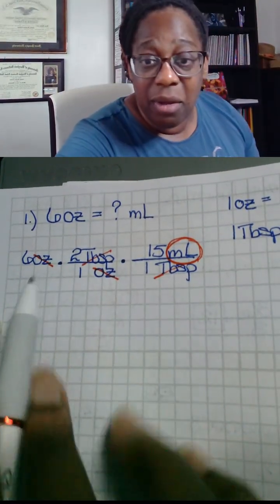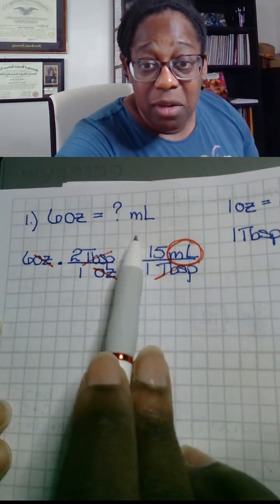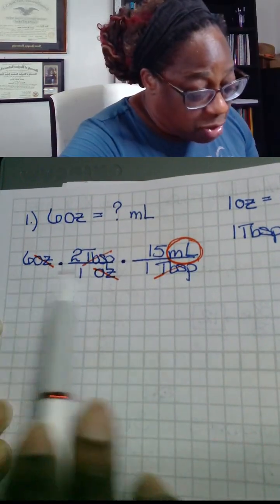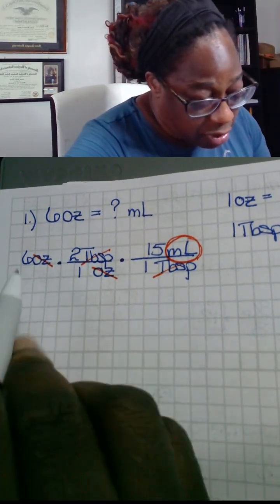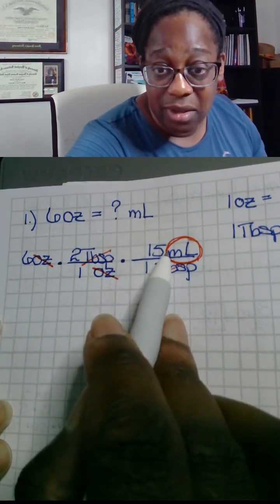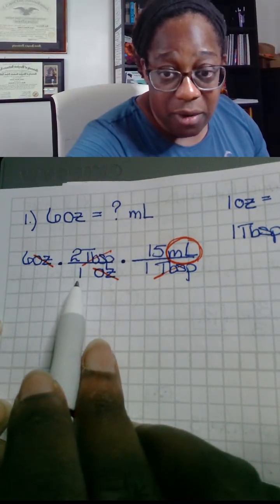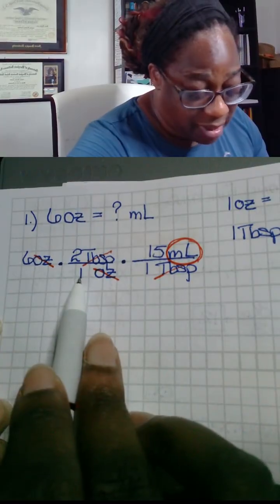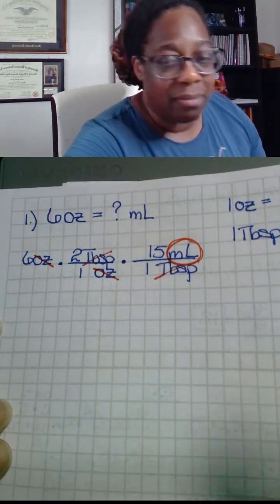So now, what's left over is what you're looking for, which is the milliliters. With the numbers, all you're going to do is multiply the whole numbers in the numerator together and put it over the multiplication of the denominators. But the denominators just give me 1 times 1.